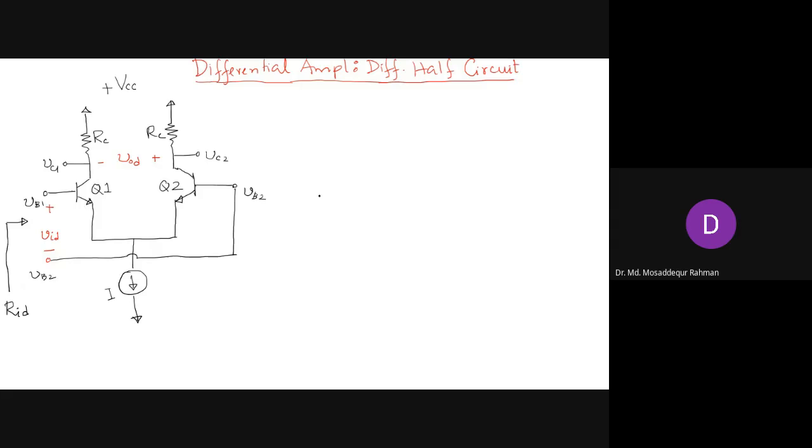Okay, guys, so that is our differential amplifier. First we will write the different expressions that we have learned so far in our previous lectures, starting with the differential gain.